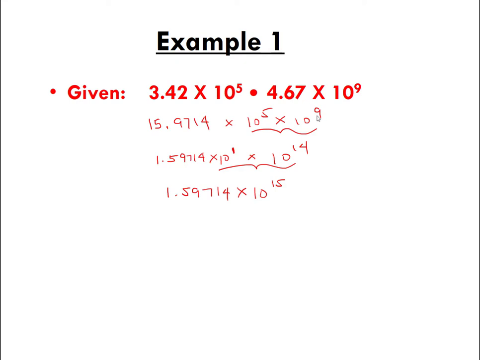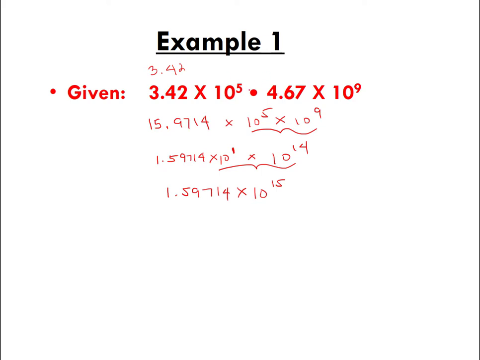So I hope that you were not confused in our first step. Note that we only use our commutative property. So what we did here was we wrote this question as 3.42, so we interchange the 10 raised to 5 and then the times 4.67.